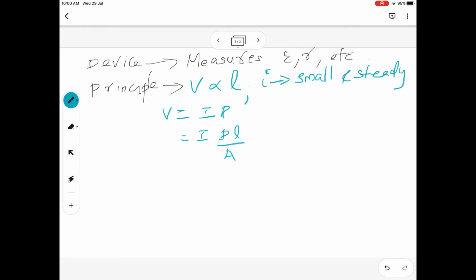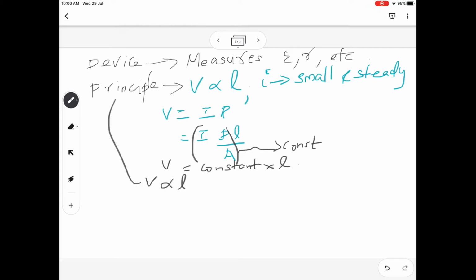The reason, let us find here. Say V, that is IR. V to be measured, we can write in terms of Ohm's law, I into R. R you substitute from its definition as rho L by A, and if that bracketed quantity is a constant, then only we can write V proportional to L. In the bracketed quantity which appears a constant here, rho is already a constant, being the resistivity of the material of the wire, and the wire we take with uniform area of cross section.